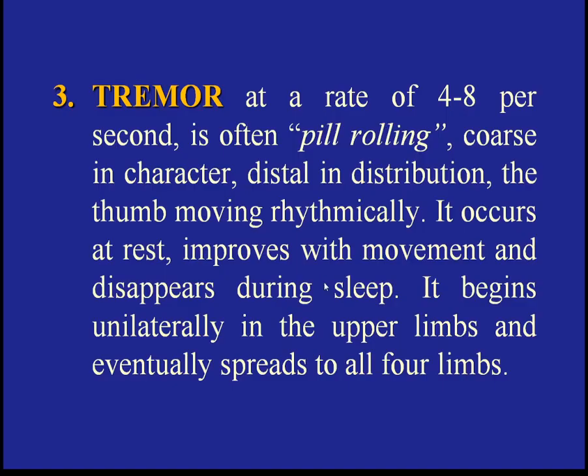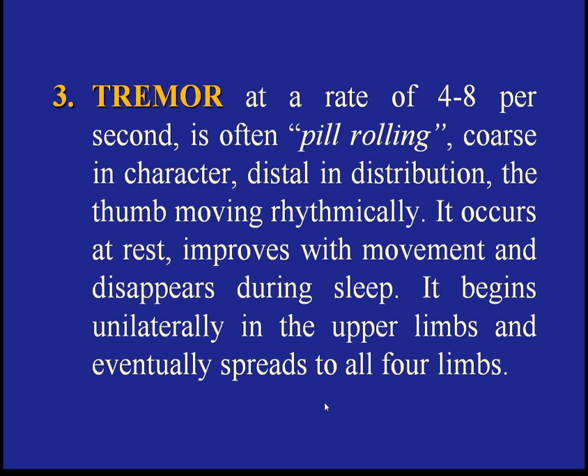expressionless face. The third sign of Parkinsonism, this is tremor. Tremor of rest at a rate 4 to 8 per second. Pill rolling, distal in distribution, the thumb moving rhythmically.